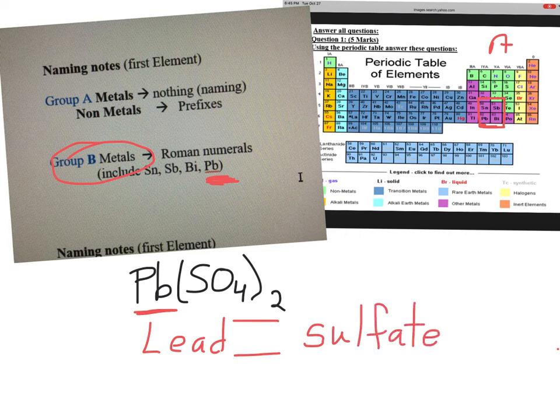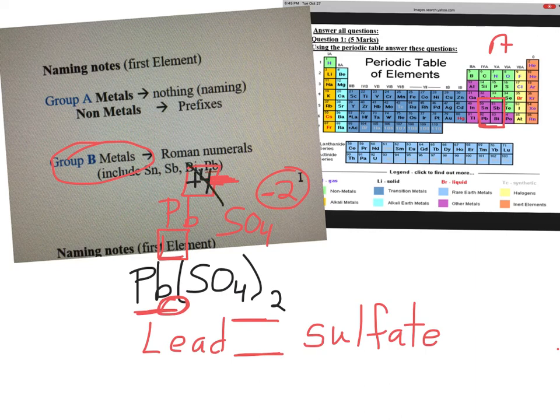However, how do we figure out this Roman numeral? Well, sulfate has a -2 charge. But do we have a 2 over here? No. So what was the charge for lead for you to not have that 2 there? This means that you had to cancel something. So you must have had to cancel a +4.